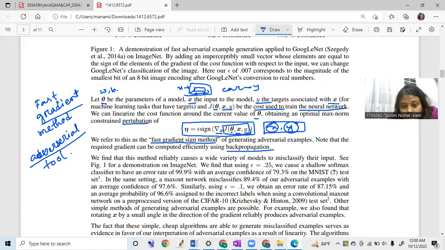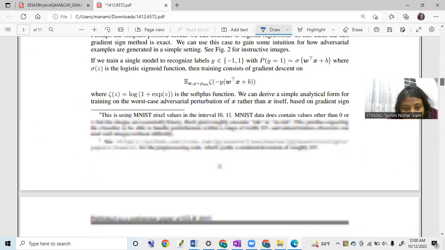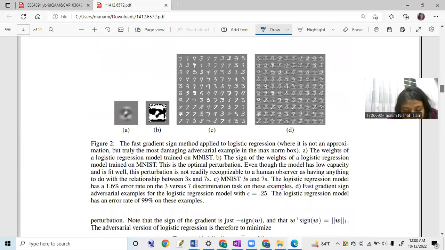Okay, now we are interested in the figure, and then we will go back. The fast sign method is applied to logistic regression, taking the sign of the weights of a logistic regression training model.